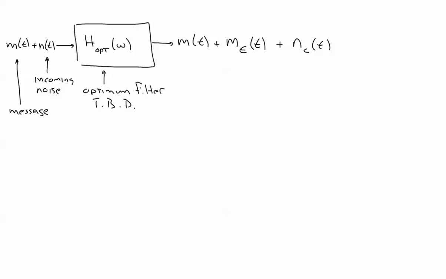Let me write down what all these things are. So my message plus a distortion term is going to be my distorted message. This is my original message. This is an additive distortion term. And we'll pretend that it's a noise term since it's something I don't desire. So it's going to be a distortion noise term.